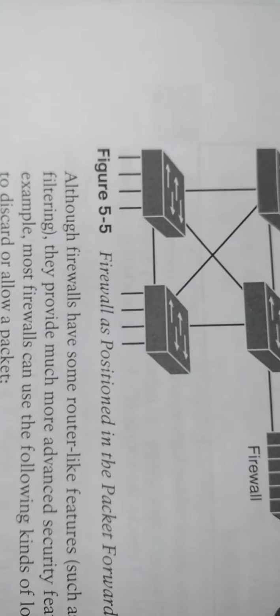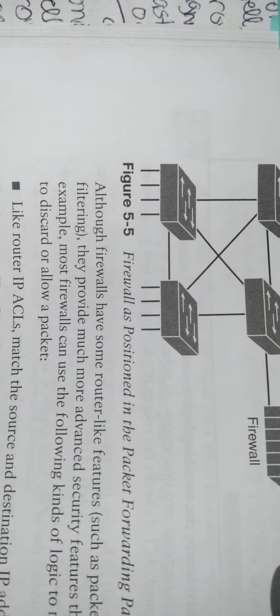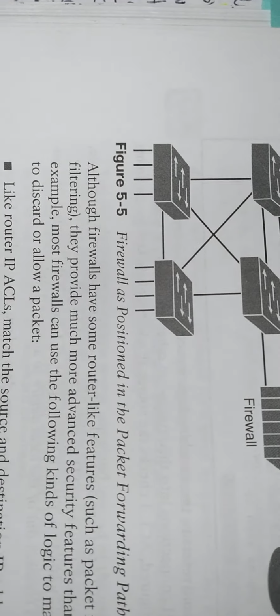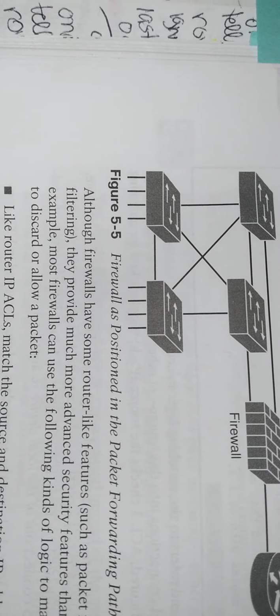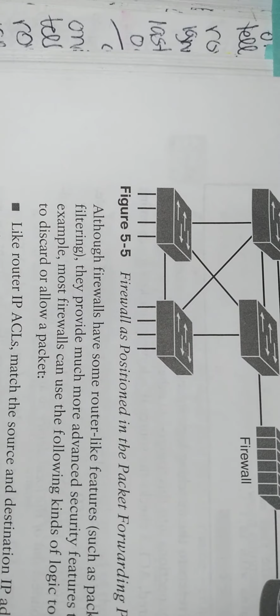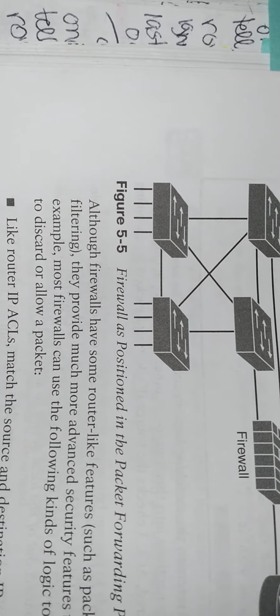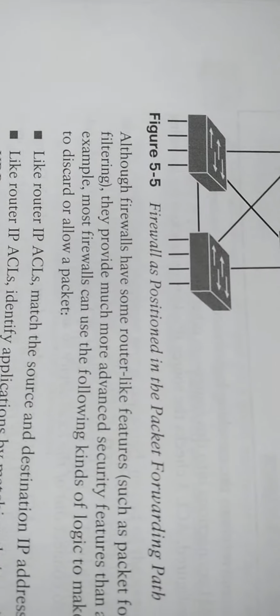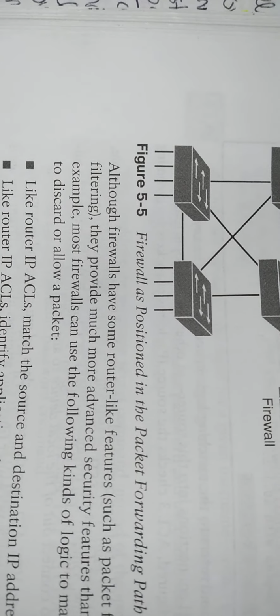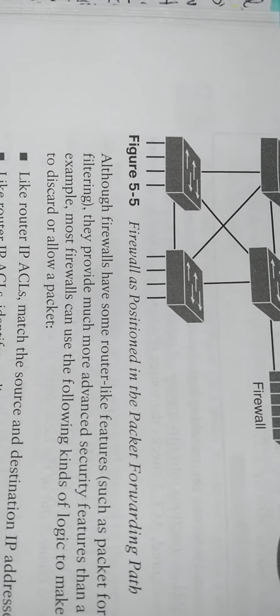Like a router, IP ACLs identify applications by matching their static well-known TCP and UDP ports. Watch application layer flows to know what traditional TCP and UDP ports are used by a particular flow and filter based on those ports.